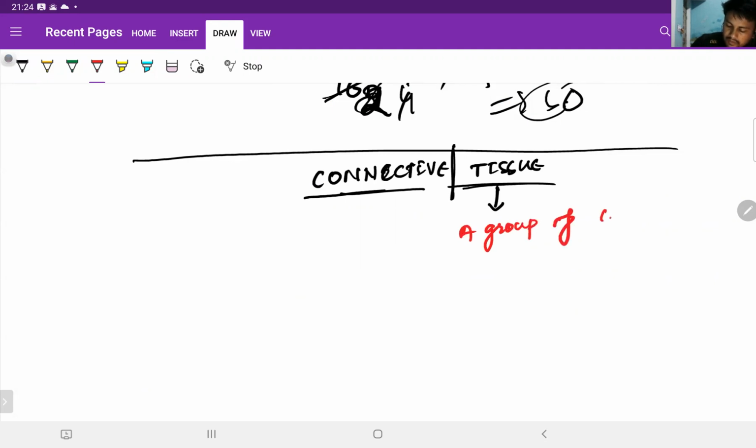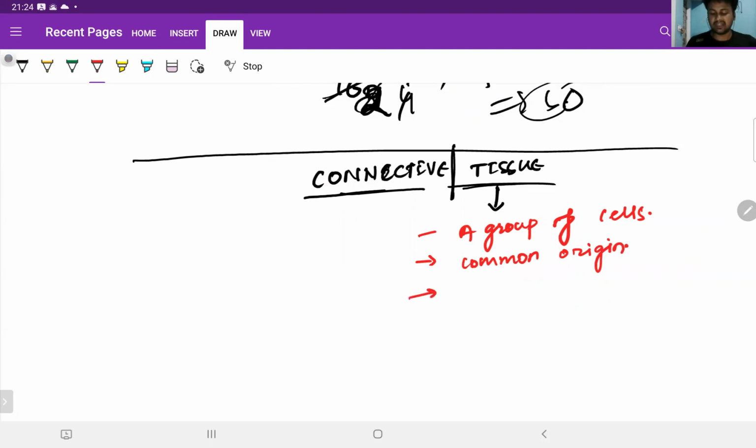group of cells, right? A tissue is a group of cells, and generally they have a common origin. वो एक ही जगह से ओरिजिनेट करते हैं. उनके जो पेरेंटल cells होते हैं वो सेम होते हैं, right?